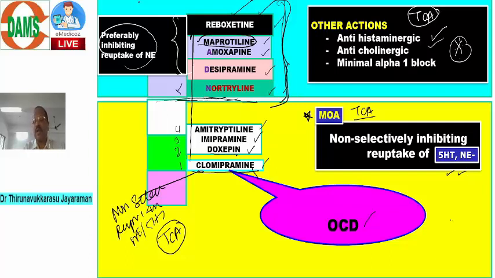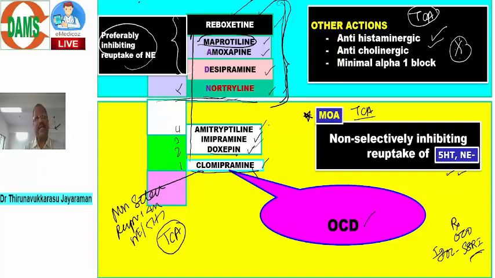But remember, normally for treating OCD, the first line drug of choice will be SSRIs. Keep this point in mind. Suppose the question comes, which is the tricyclic antidepressant approved by FDA for treating OCD? The answer is clomipramine.